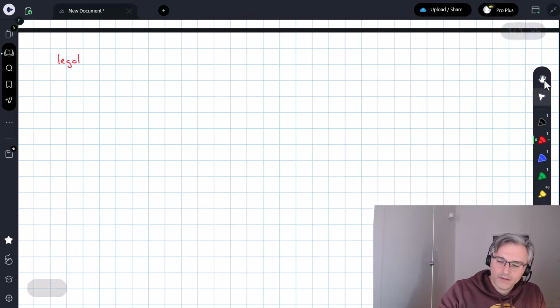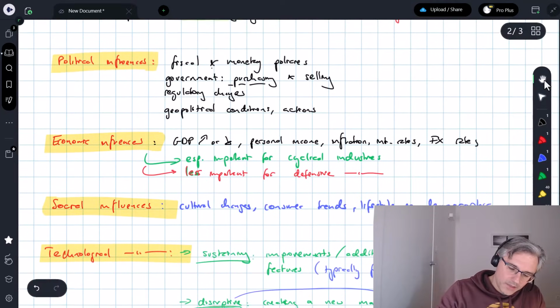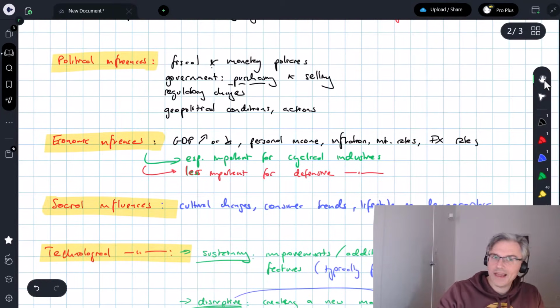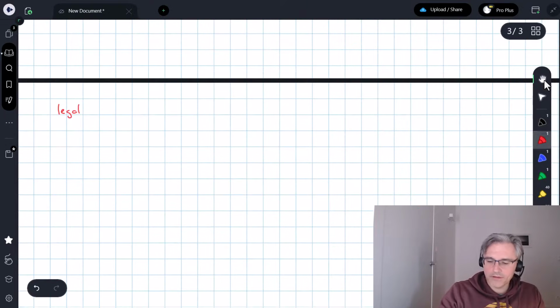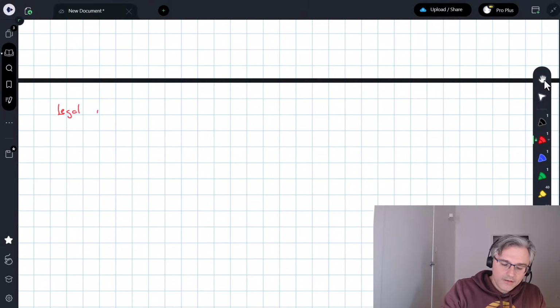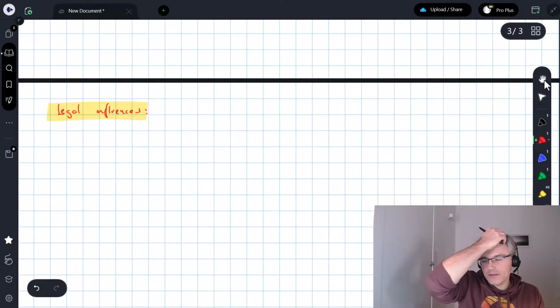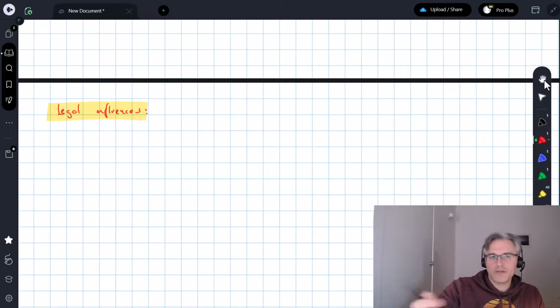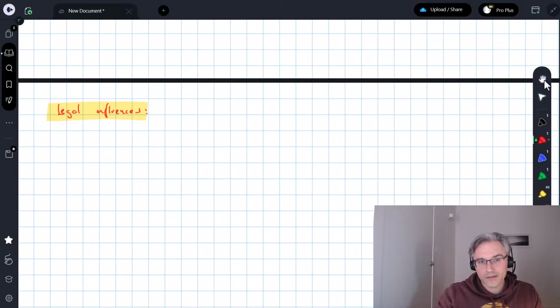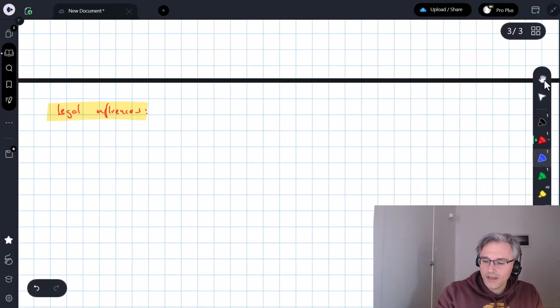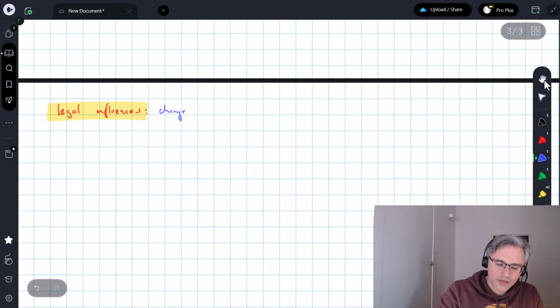Now, we're on PEST, so just LE to complete the PESTLE. Legal influences. Right, these are once again quite broad. Sometimes you can think about them as very much linked to political, because we talked about, for example, your regulatory changes there as well. This is all about changes to laws, regulations, of course.